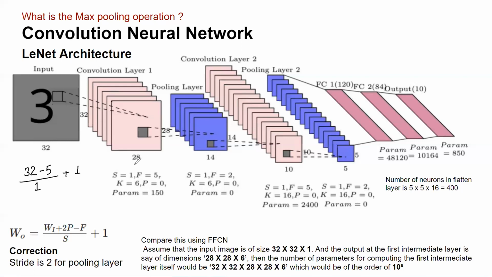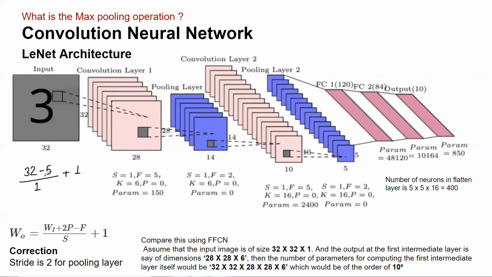Now I'm using a total of 6 such filters, such kernels, right? So similarly, you will have a total of 6 outputs because I'm using 6 kernels. So when you say you're using 6 kernels, what do you mean? Right now, whatever we have seen is for one kernel.